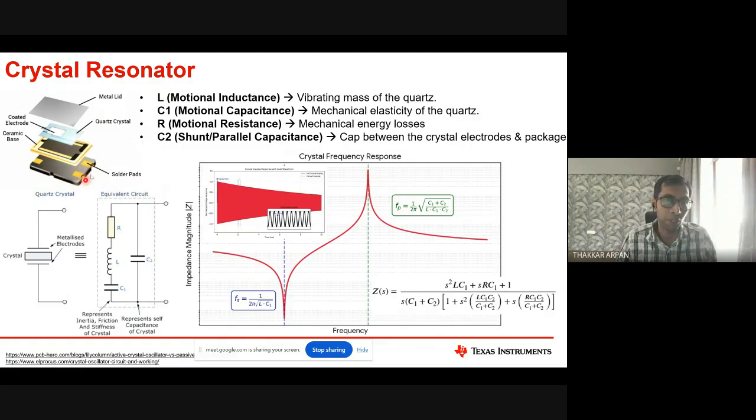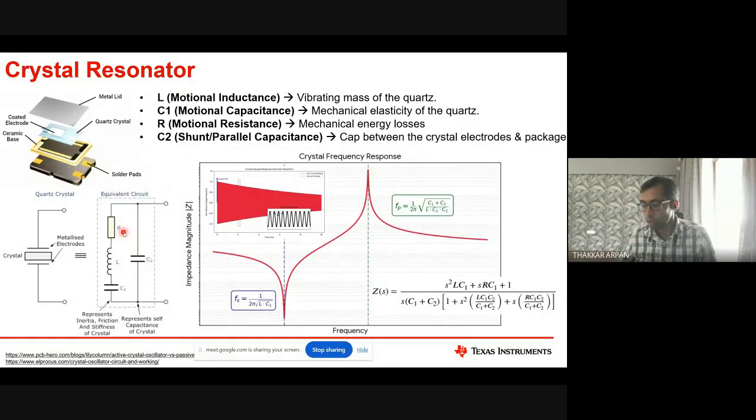If you have a solder pad, because finally you have to take the signal out of this crystal and connect it to the oscillator, which will generate the sinusoidal waveform, right? So this C2 cap is nothing but this pad. If you take a signal out of that, it will have a certain capacitance associated with it. So that is represented by this C2.